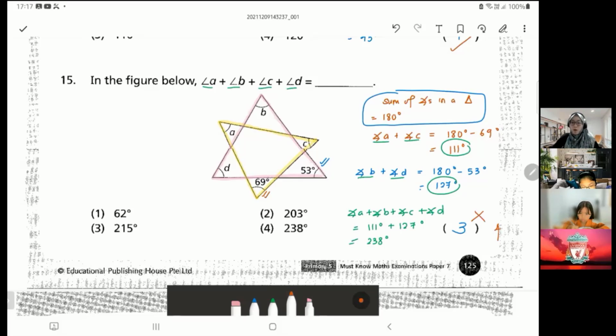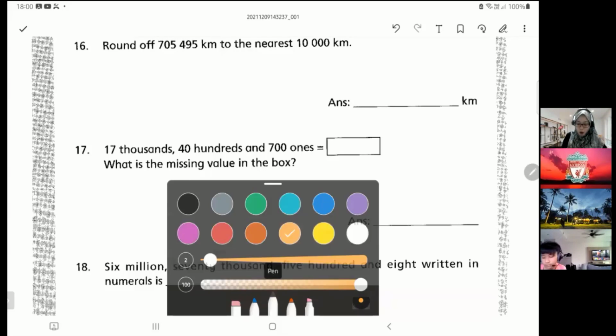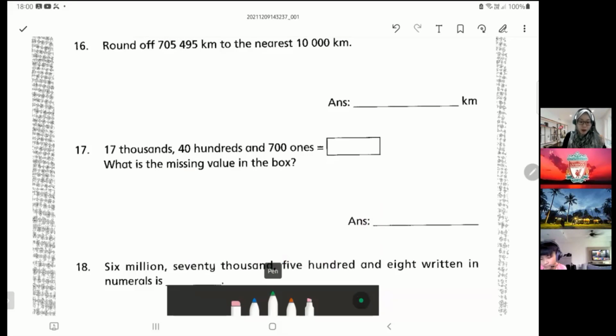Okay, so for question number 16, they ask you to round off 705,495 kilometers to the nearest 10,000 kilometers. If you want to do this kind of question and you do not know how to, you list down the number first. 705,495.